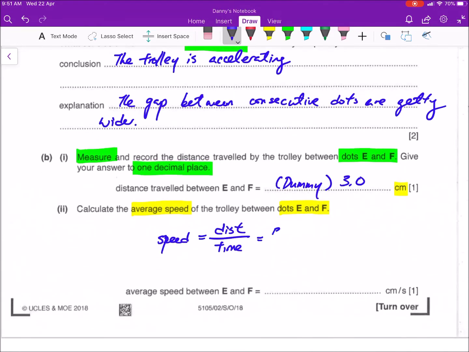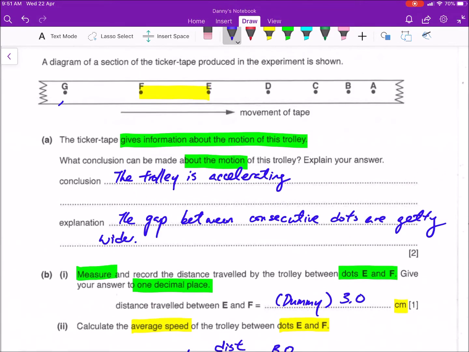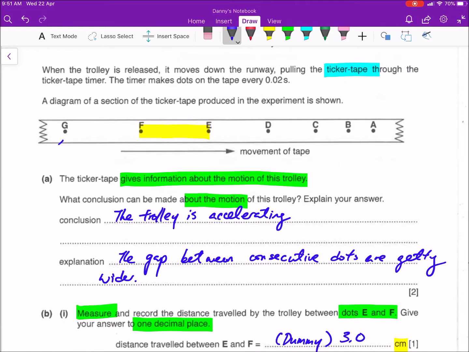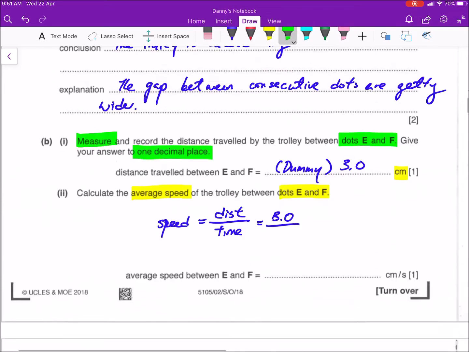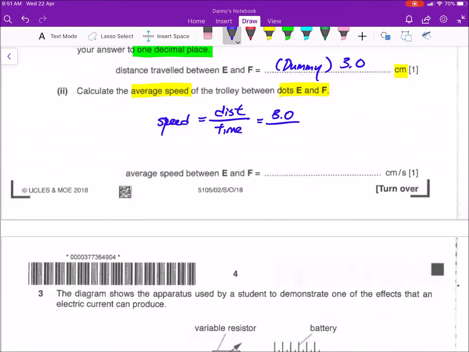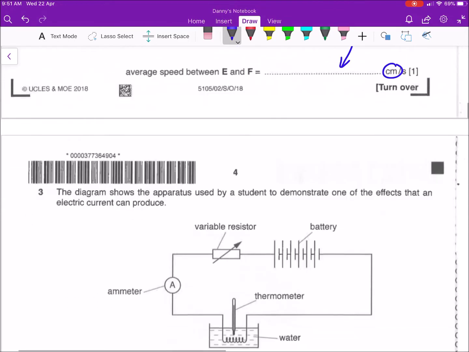The distance here, this dummy value, divided by the time. How much time has been taken to travel from E to F? It is between 2 dots, right? So it is only one interval. Therefore down here will be your 0.02. Sorry about the ugly wording, so let's write it properly, and then you will get the answer. You can put it here, and it is fine because it is cm per second.